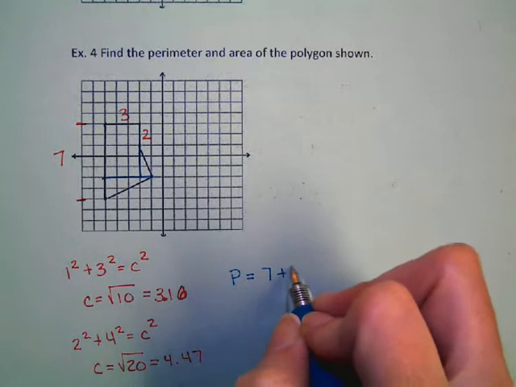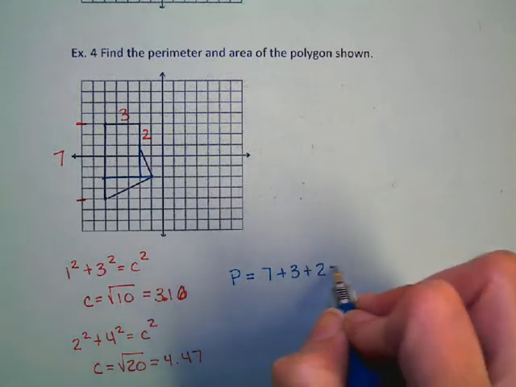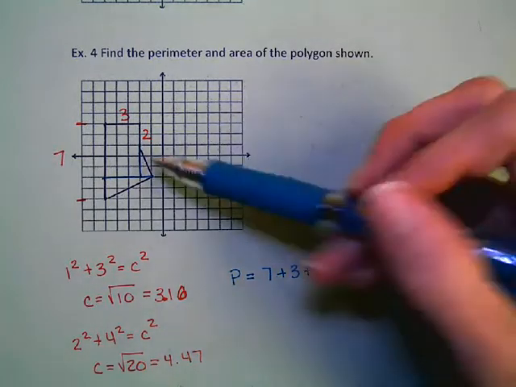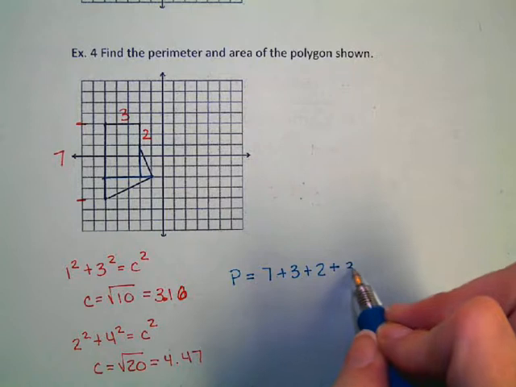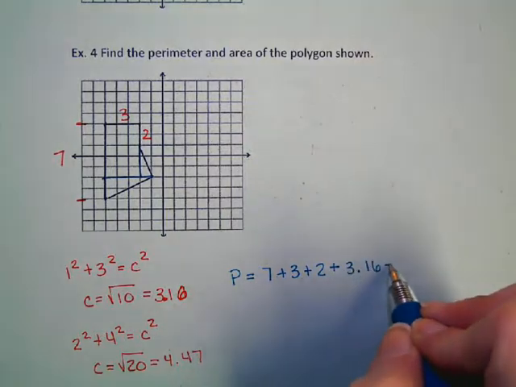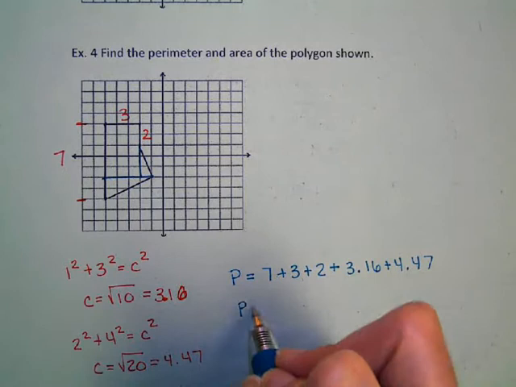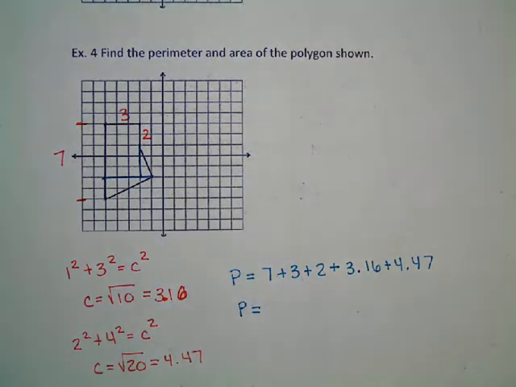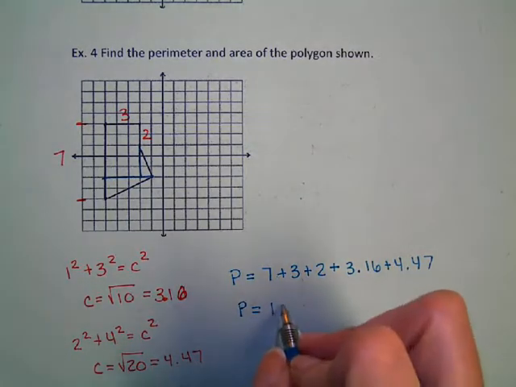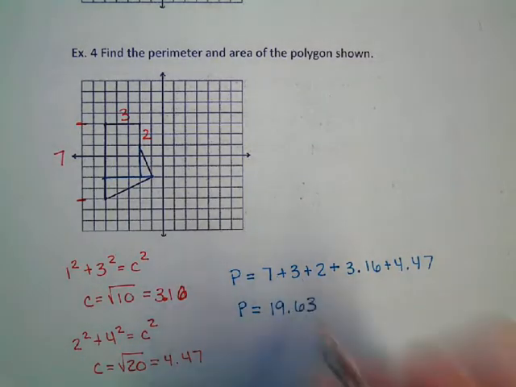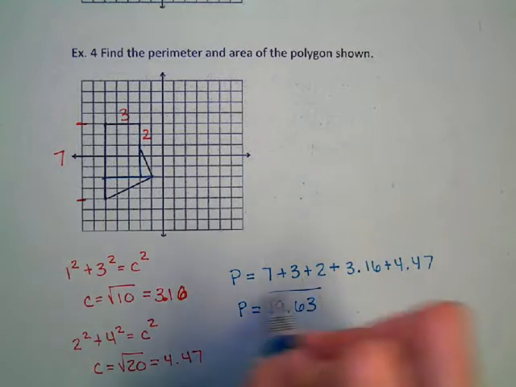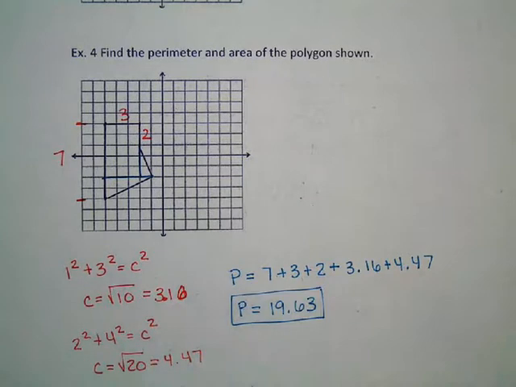So the perimeter for this picture is 7 plus 3 plus 2 plus, then we have these diagonal lines that we just found, 3.16 plus 4.47. If we add all that together, the perimeter is 19.63.